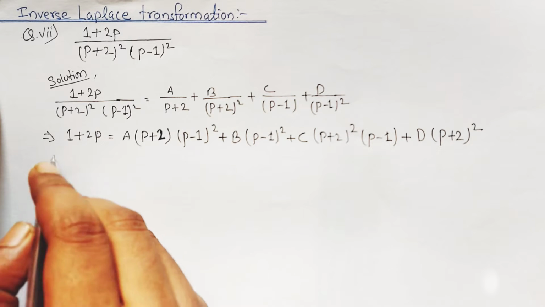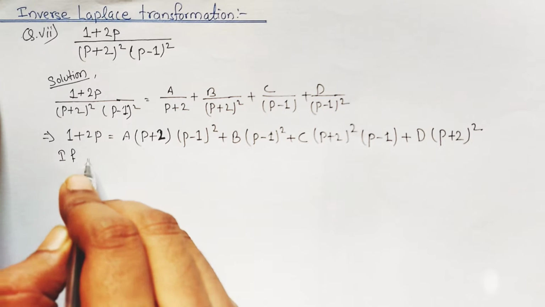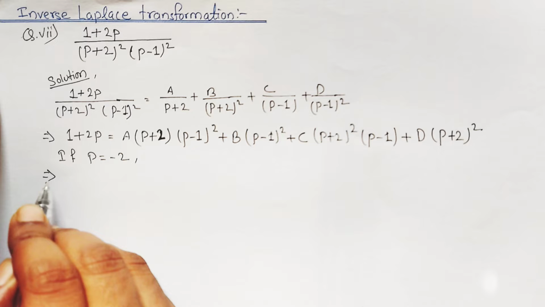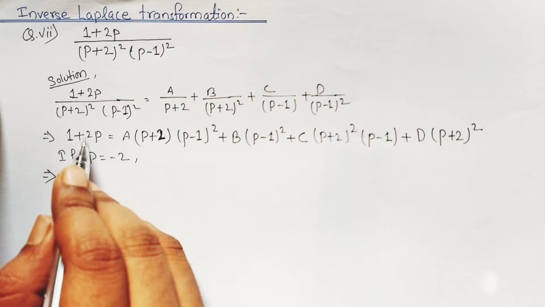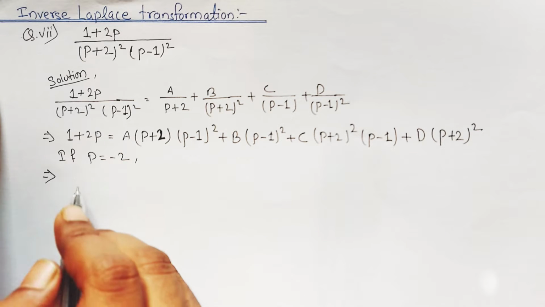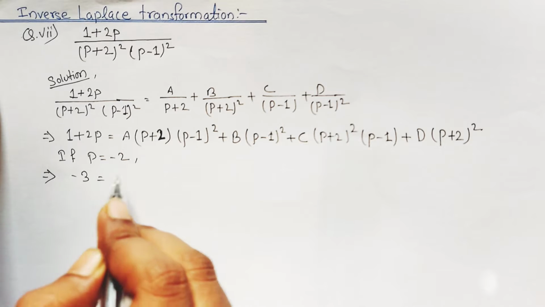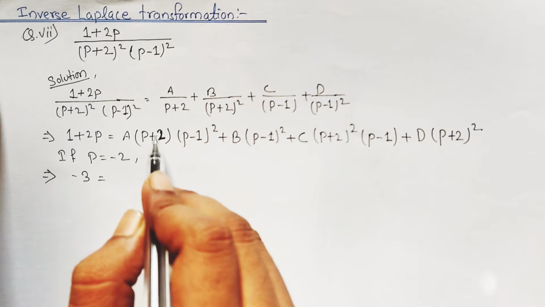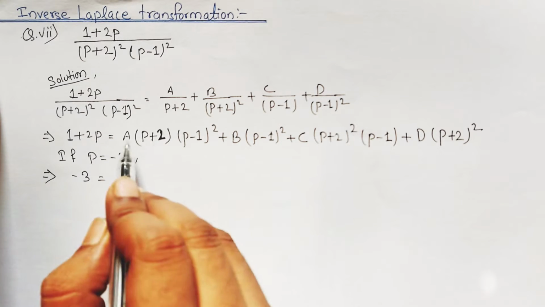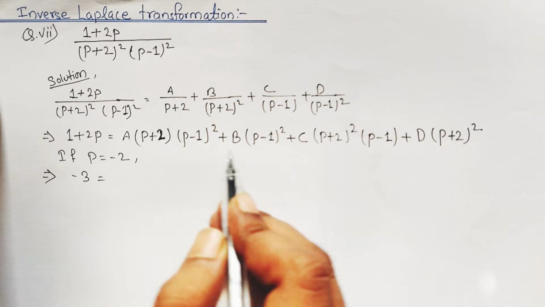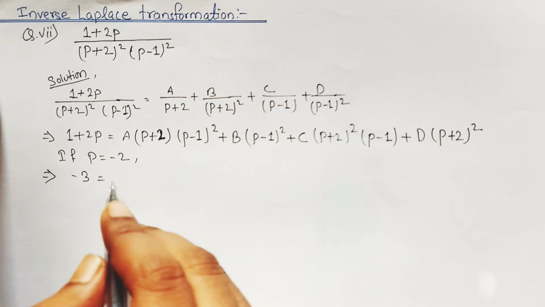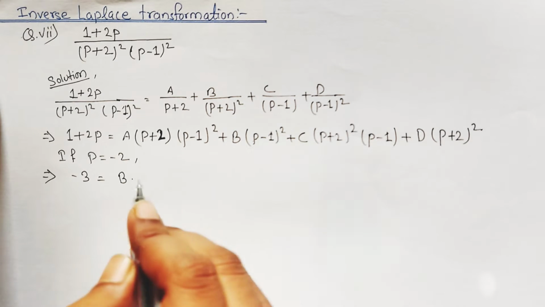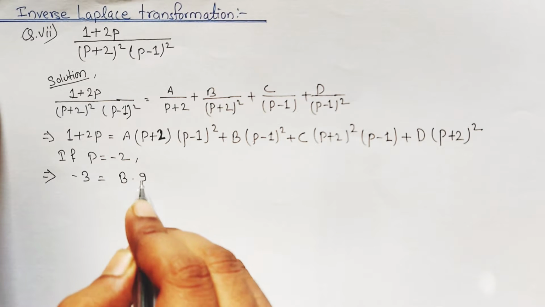If we take p equals minus 2, on the LHS we will have minus 2 times 2 is minus 4, minus 4 plus 1 is minus 3. On the right side, minus 2 plus 2 makes the first term 0, and 0 multiplies that whole portion, so it becomes 0. Then we have B times (minus 2 minus 1), which is minus 3 squared, that is 9.